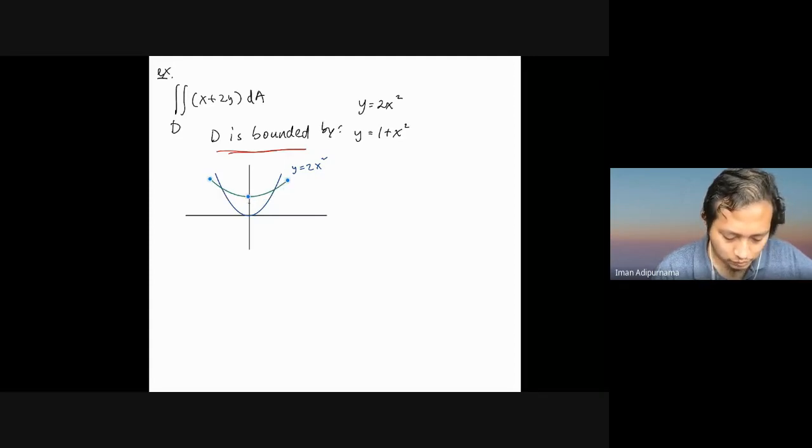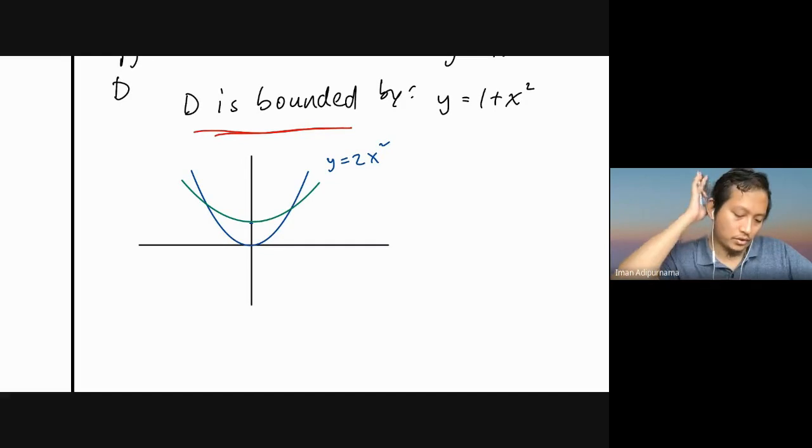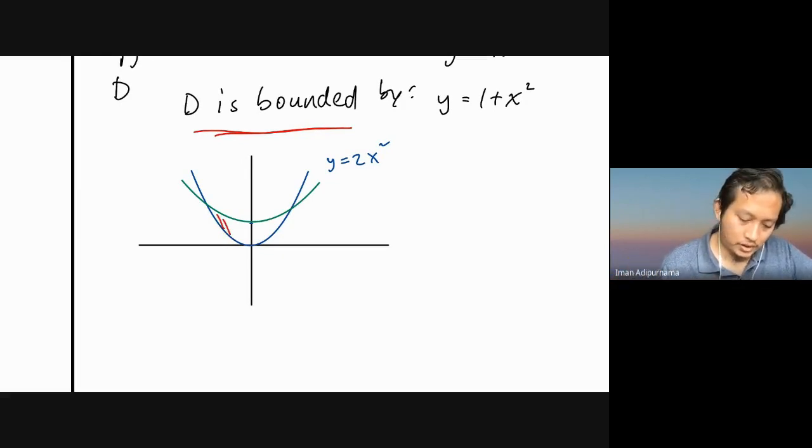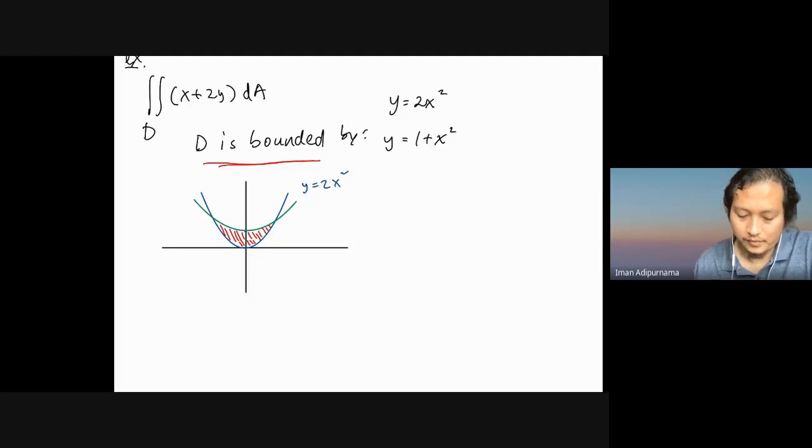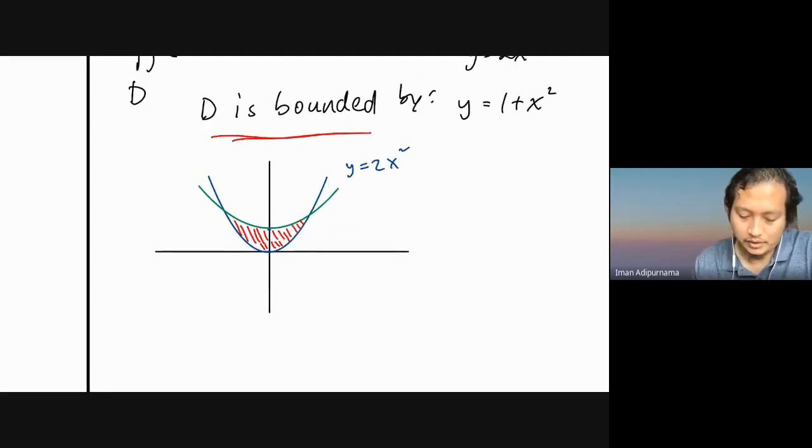It's not really too proportional, but I think it can just illustrate what we want to set up. Okay. So this will be the area that bounds the surface. So where is the surface? The surface is above this area, right?